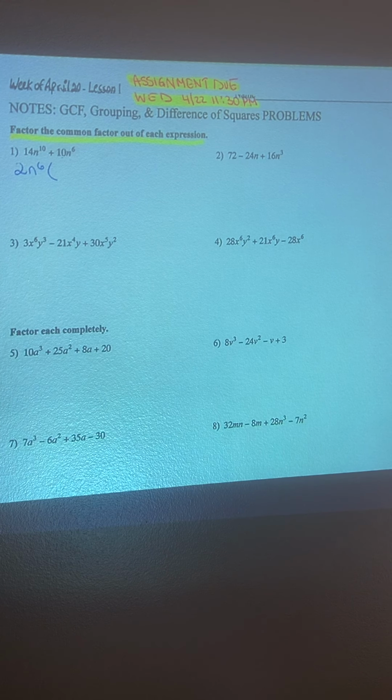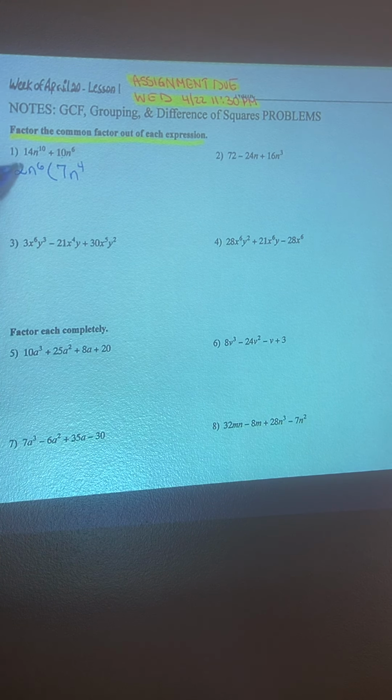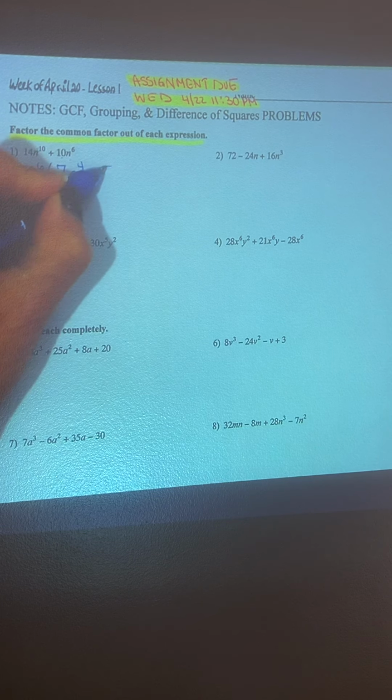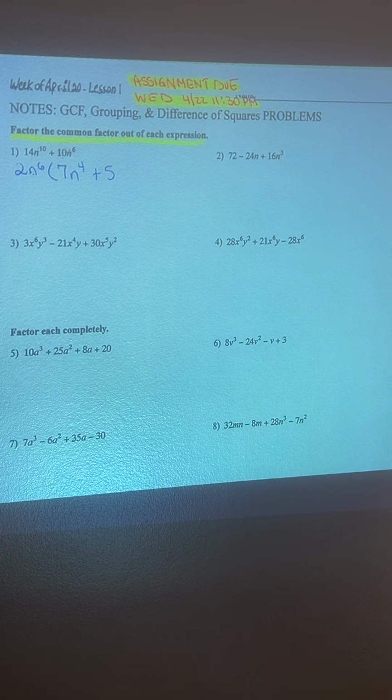After that, we divide our numbers and subtract the exponents. 2 goes into 14 seven times, and n^10 minus n^6 is n^4. 2 goes into 10 five times, and n^6 minus n^6 cancel each other out, because 6 minus 6 is 0, and we know any number to the 0 power is 1.